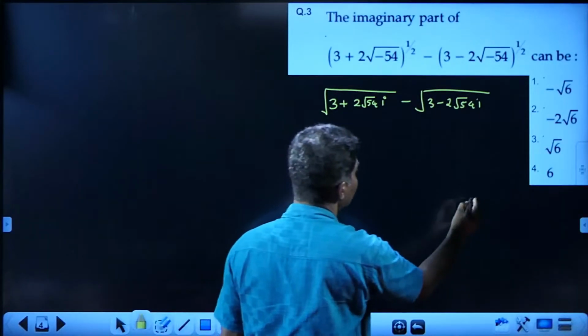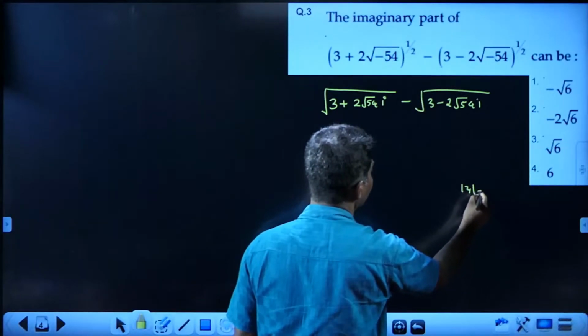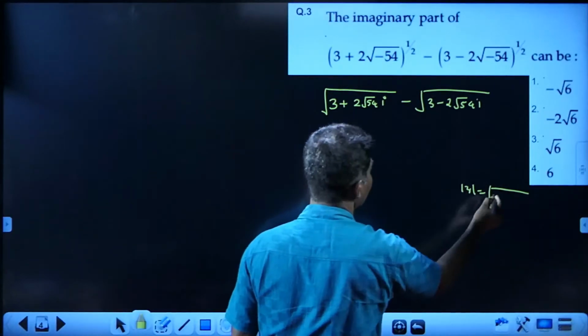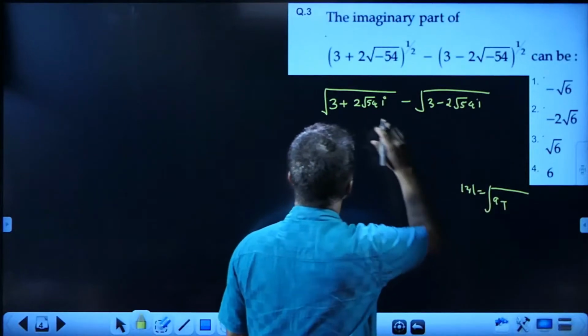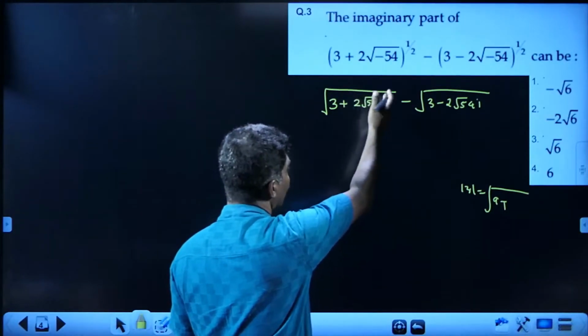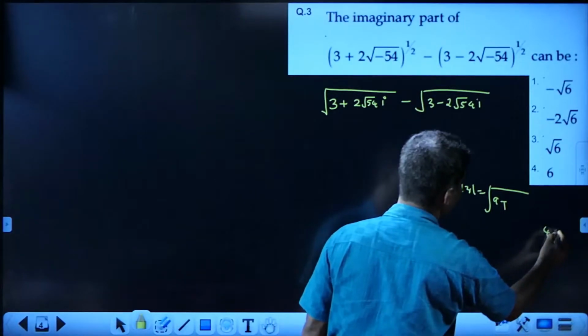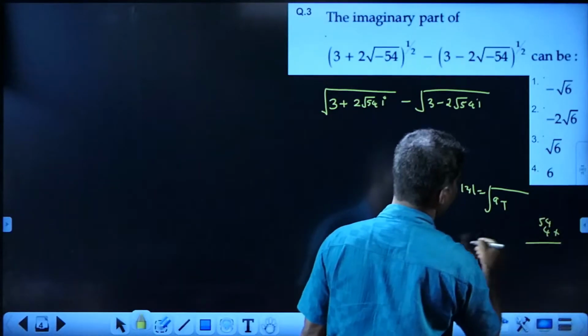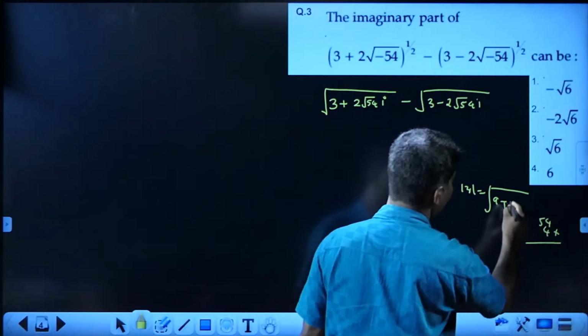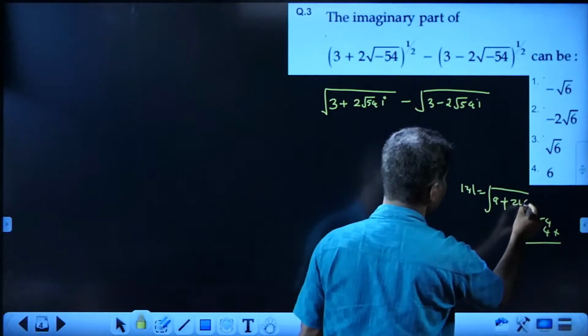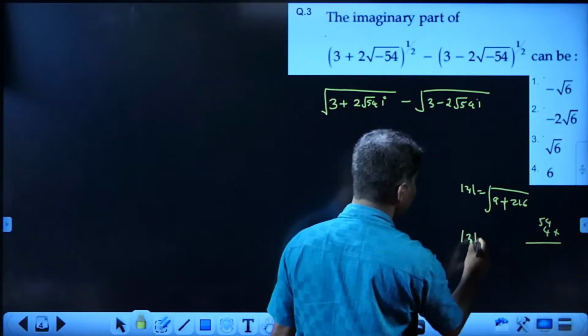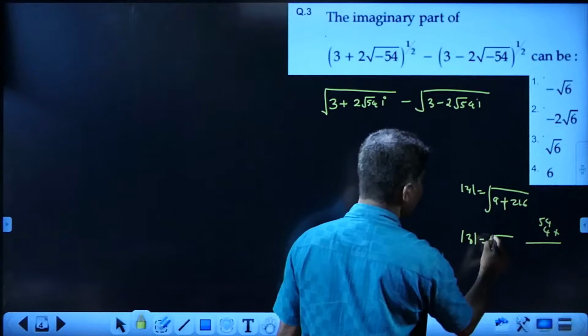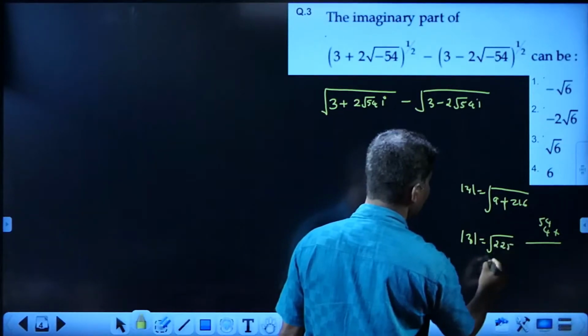Suppose that this is your z, then mod z can be written as root of 3 square 9 plus 2 into its square 4 into 54. 4 into 54 is 216. So mod z is equal to root of 225, that is equal to 15.